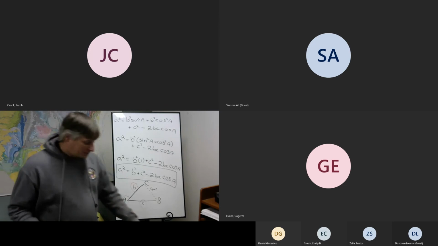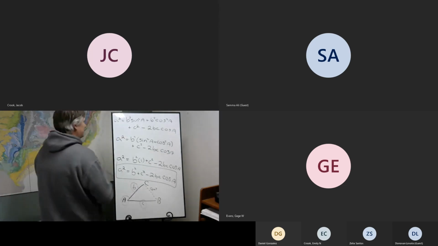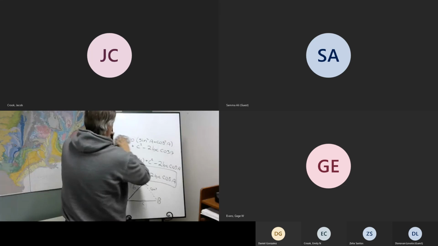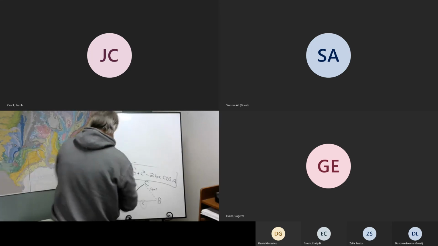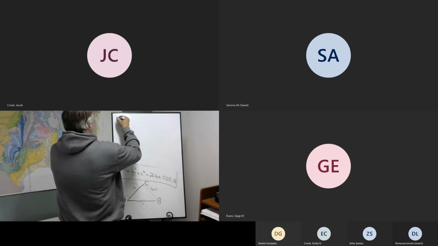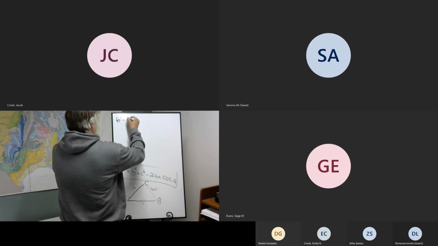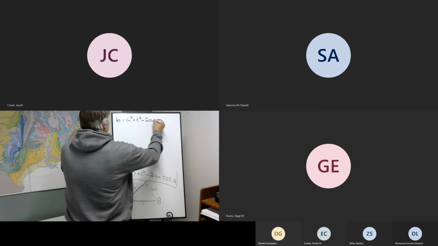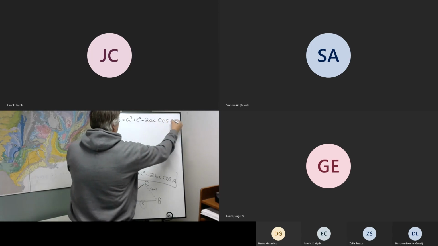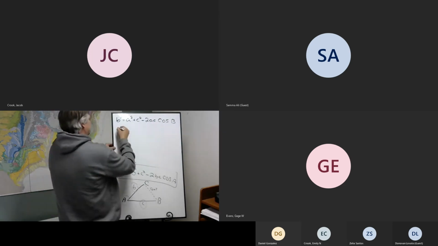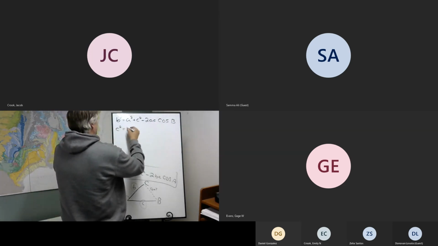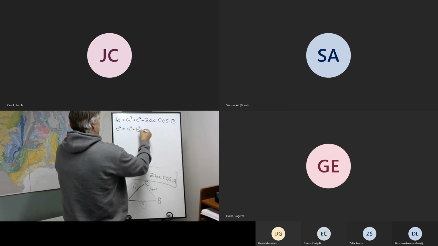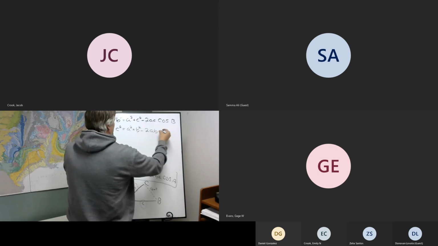Now there's different versions of this. There's b squared equals a squared plus c squared minus 2ac cosine of b. And then c squared is a squared plus b squared minus 2ab cosine of c.